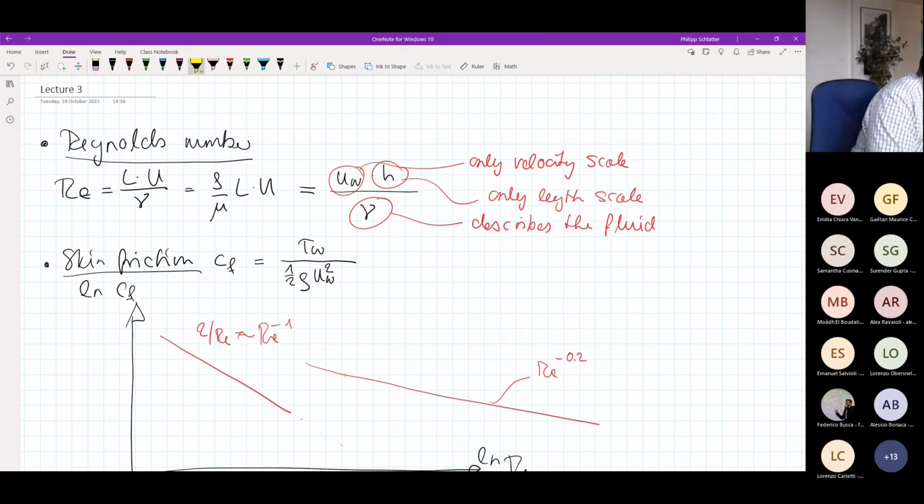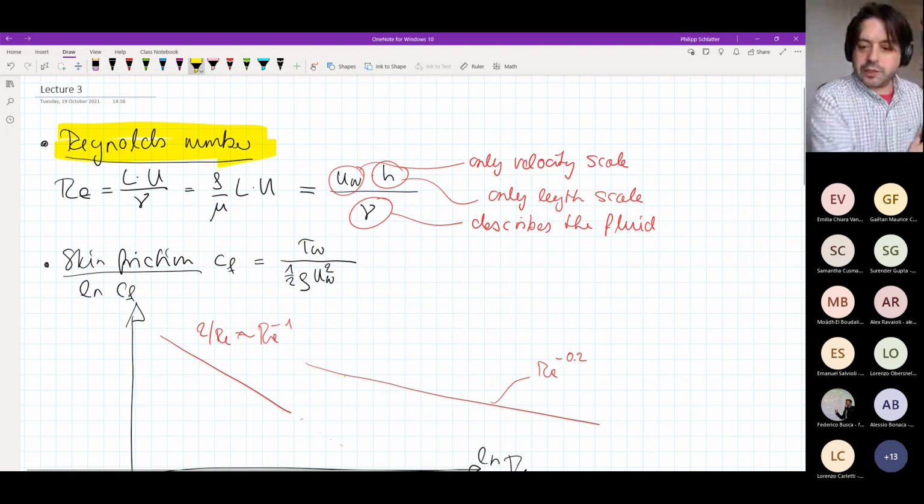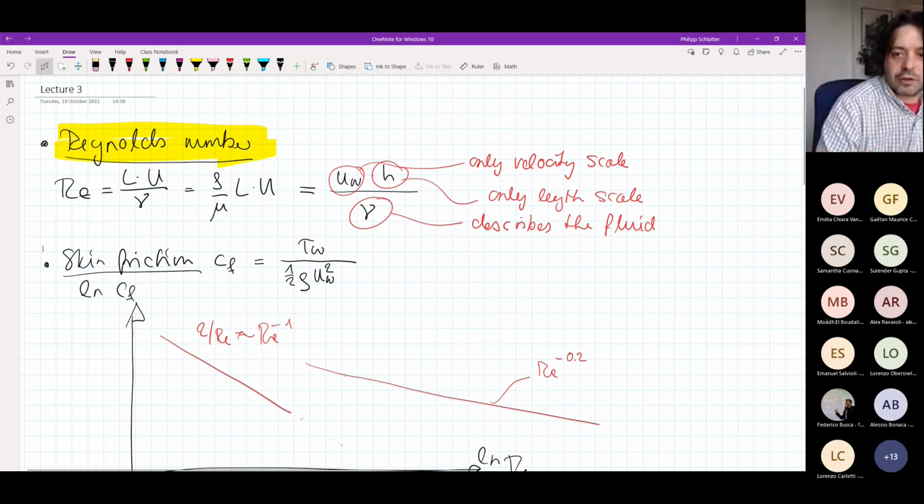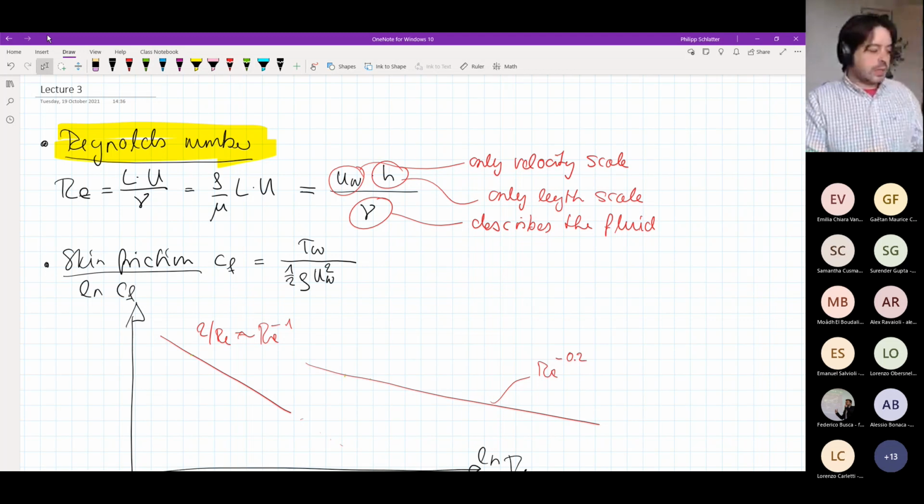So the first thing that we talked about actually was not just last time, it was also the time before. We talked about the Reynolds number, but because this is so important, it may not actually matter if we just mention that again. The Reynolds number for a specific problem can be defined in the following way, namely that you take a characteristic length scale, a characteristic velocity scale, and you divide it by the viscosity.